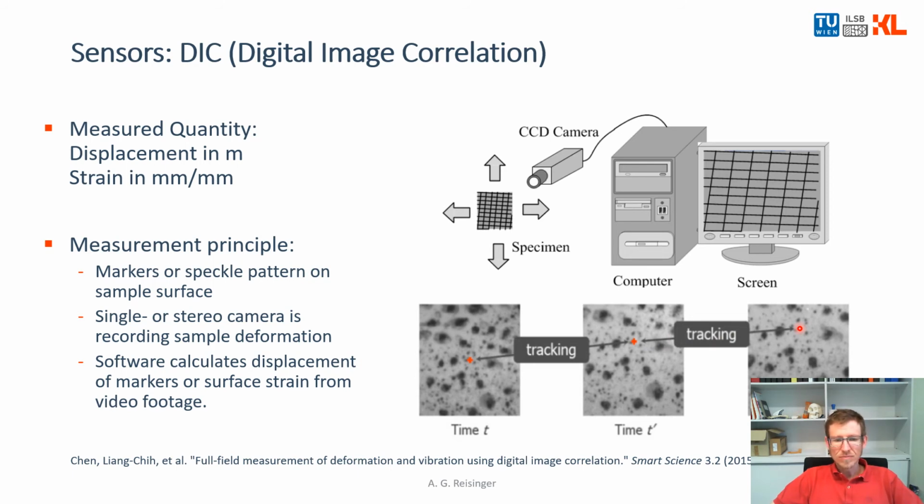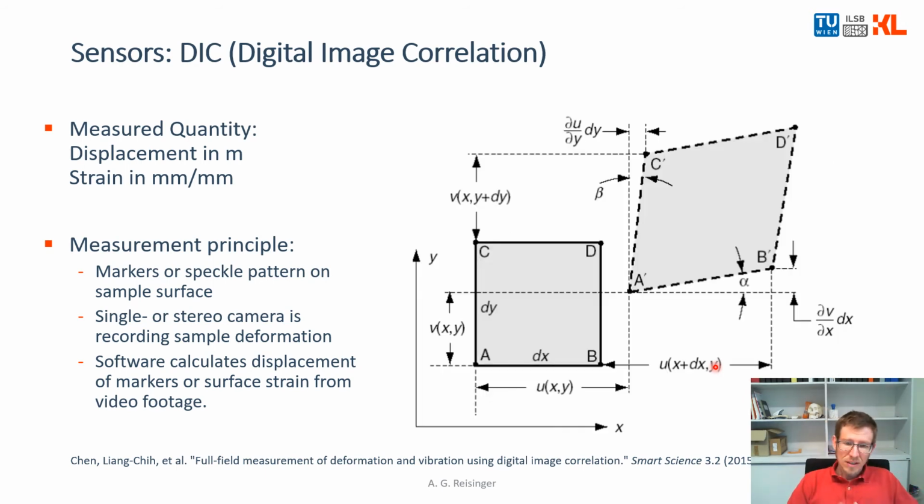And when you know the size of a pixel in your image, then you know the actual displacement in space, in millimeters, for example. And when you know the displacement field, what is this? This is the displacement of all the pixels in your video feed. Then you can calculate the strain.